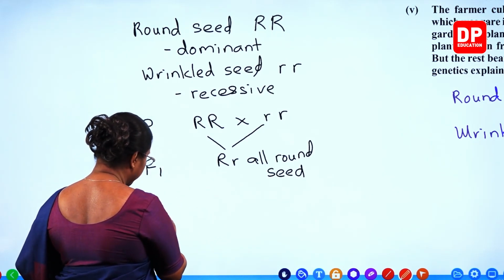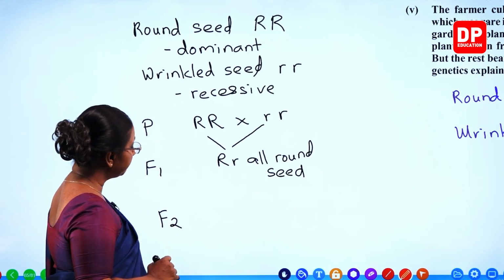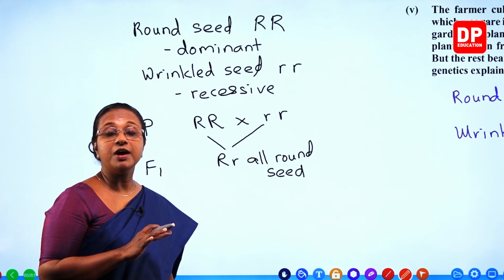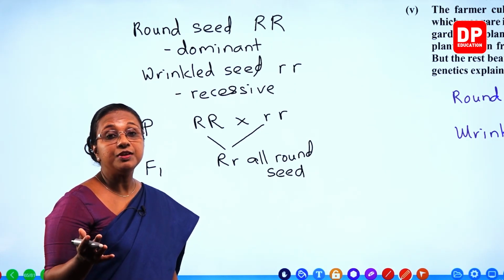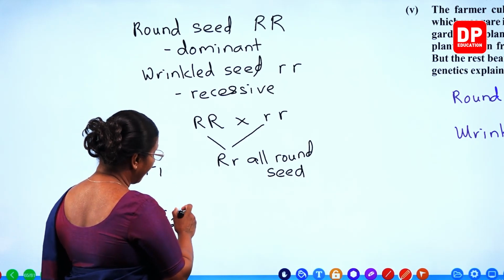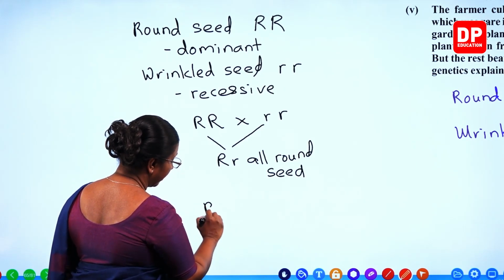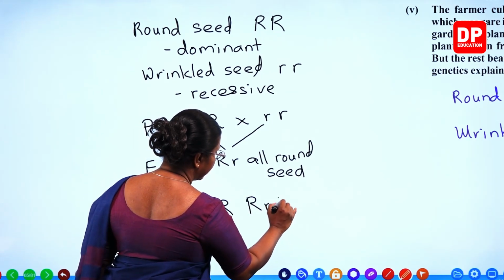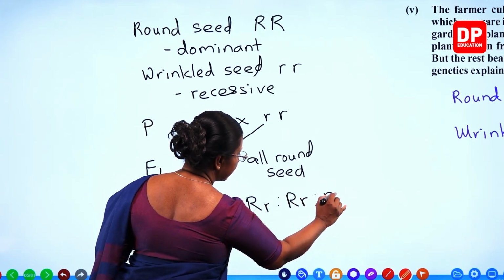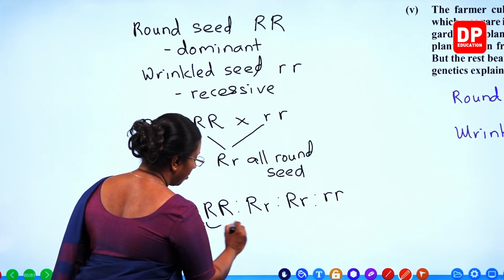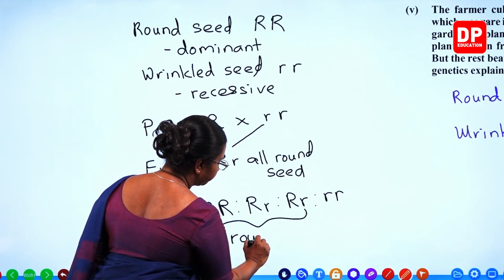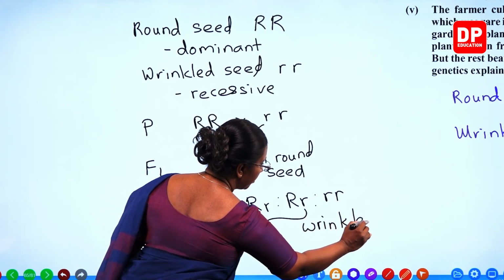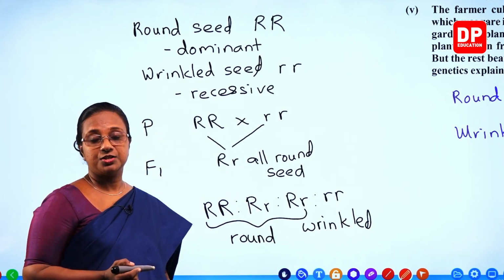But in his new generation, that is going to be the F2 generation, what will happen? He got a majority of round seed plants and a few wrinkle seed plants. So what is going to be the F2 generation? You can remember it will be capital R capital R, capital R simple r, capital R simple r and simple r simple r. So all three will be round and this will be wrinkled. And you all know the ratio, 3:1 ratio.